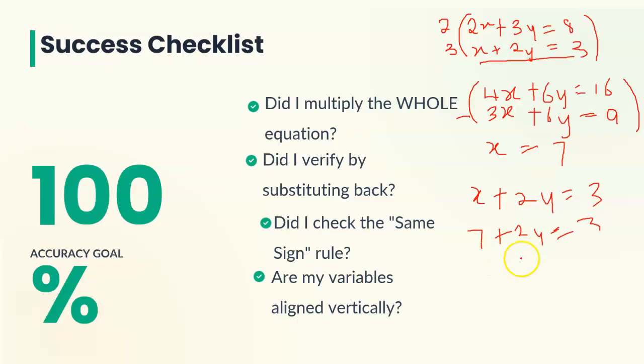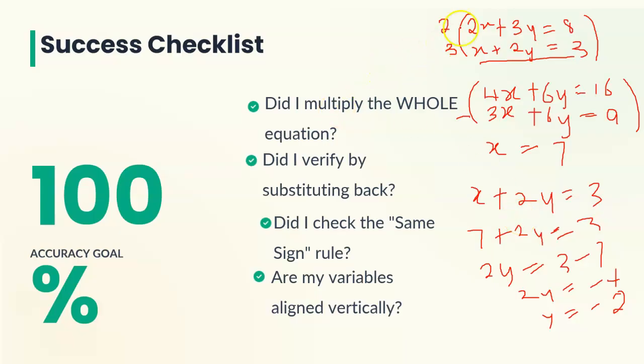So 2y becomes 3 minus 7, and 2y will be equal to negative 4. So y becomes negative 2. How? If I divide both sides by the coefficient of y, I'm going to have negative 2.